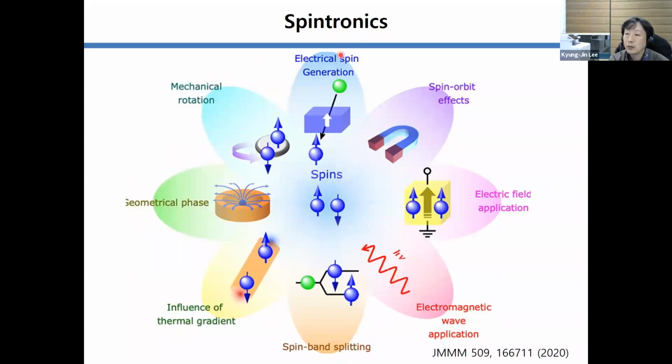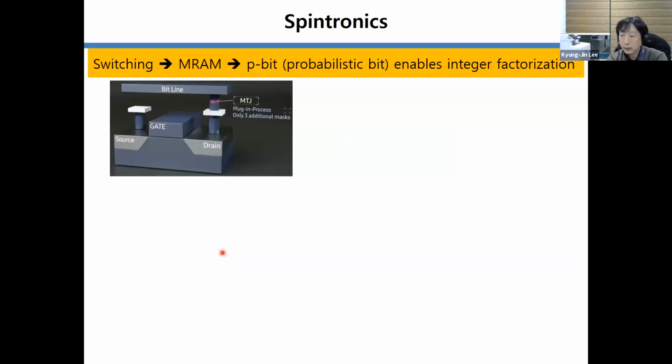Spintronics includes many sub-branches, including electrical spin generation, mechanical motion, geometrical spin Berry phases, and so on. And we are also very interested in applications. For example, magnetic random access memory, MRAM. The embedded version was commercialized last year. Now people are trying to find new applications based on MRAM.